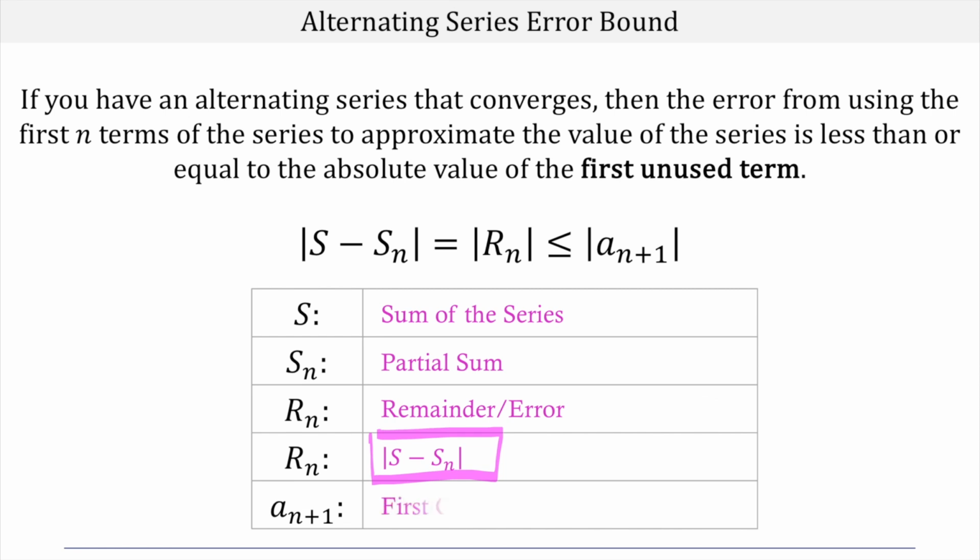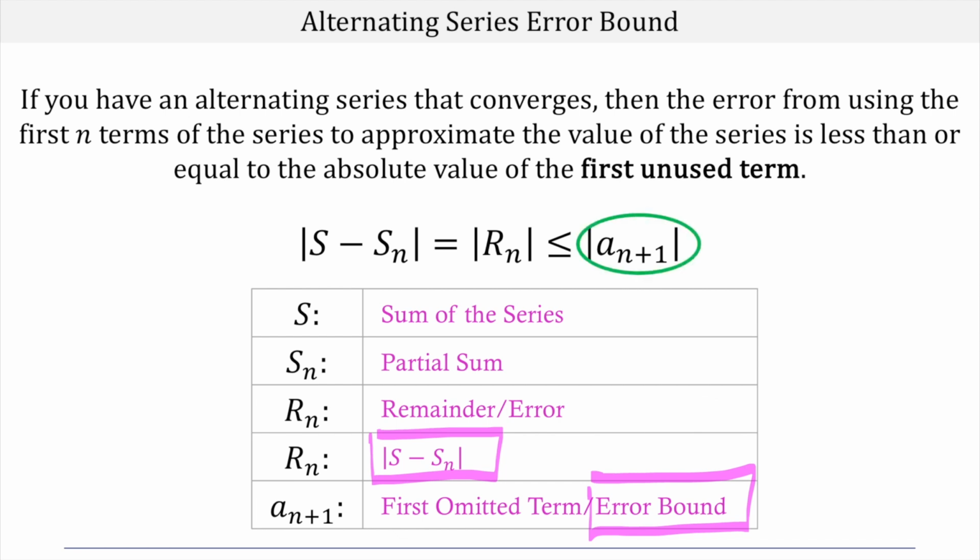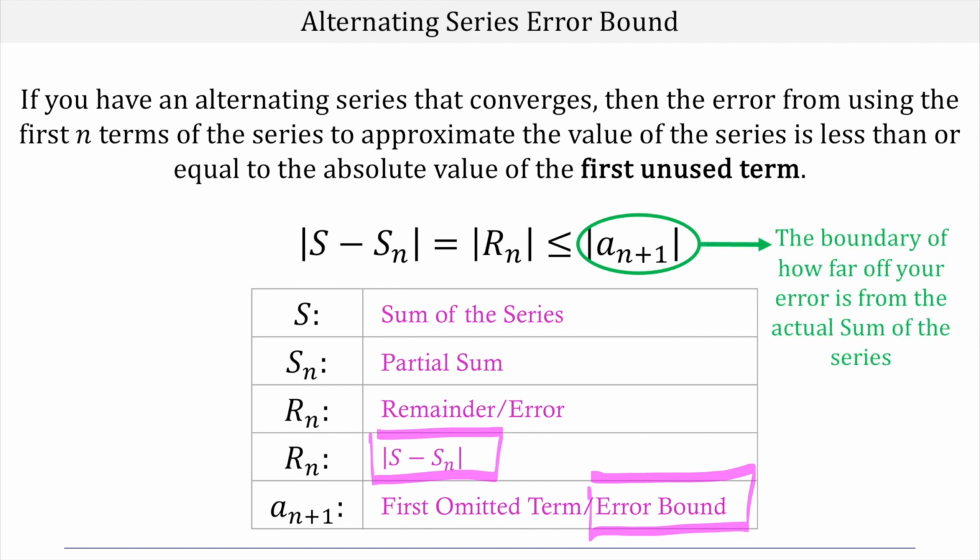And then A sub n plus 1 is the first omitted term, and it's also the error bound. All that to say, this term right here, the absolute value of A sub n plus 1, that's the boundary or the worst case scenario of how far off your error is from the actual sum of the series. How close is your partial sum?